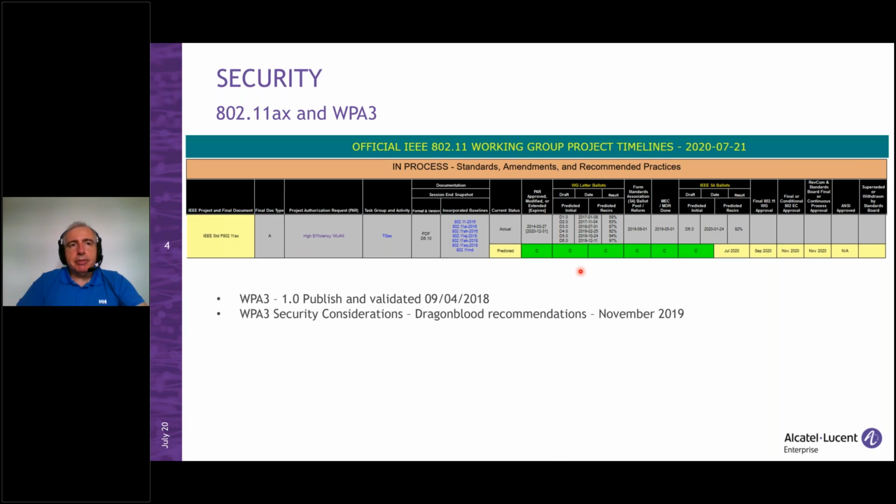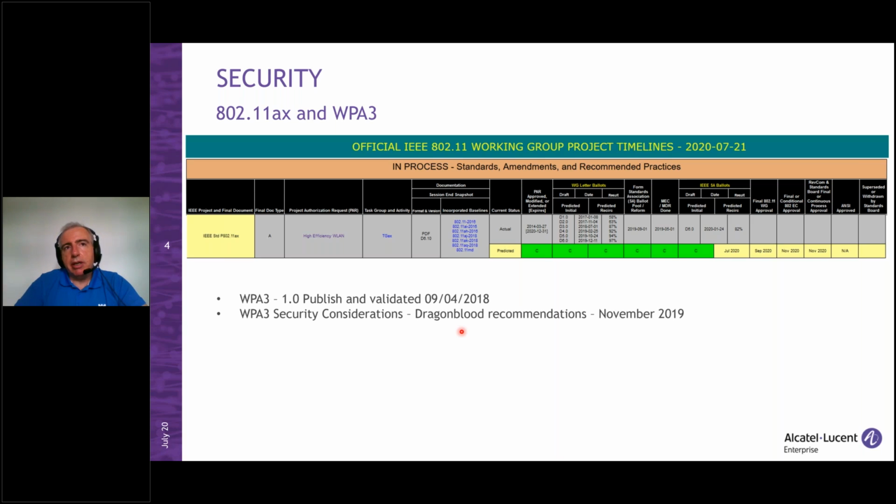Regarding WPA3, it was released in September 2018. And if you remember, a little later there was some shock in the media because, with this new security standard, WPA3, some researchers found vulnerabilities in the Dragonblood report, which is the name of this report.